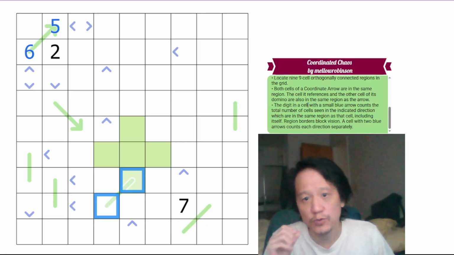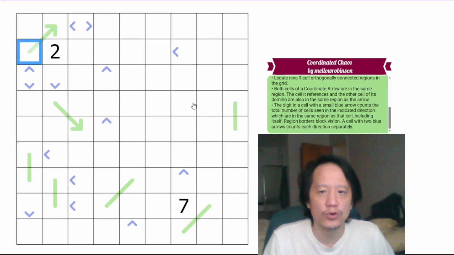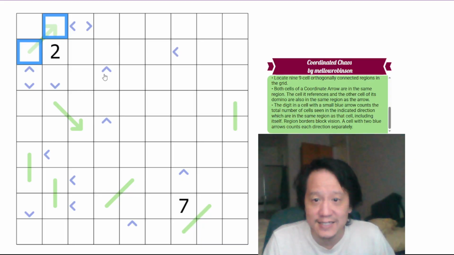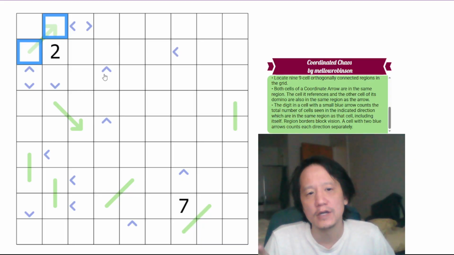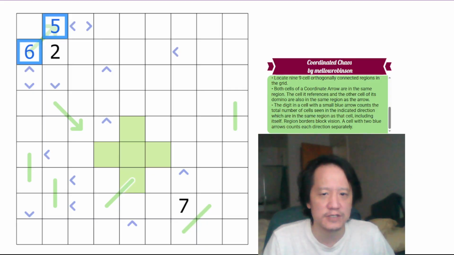For region building, we need to locate 9-cell orthogonally connected regions in the grid. Both cells of a coordinate arrow are in the same region. The cell it references and the other cell of its domino are also in the same region as the arrow. Interesting. So if we had something like this, I think that would be problematic, because these would have to be the same region, and this cell and the domino would also have to be in the same region as the arrow.